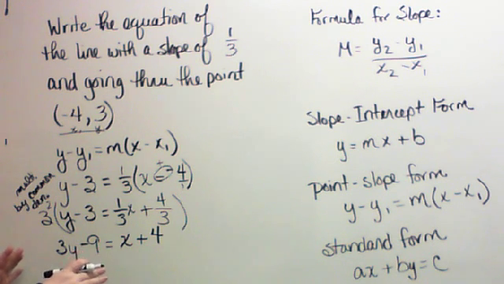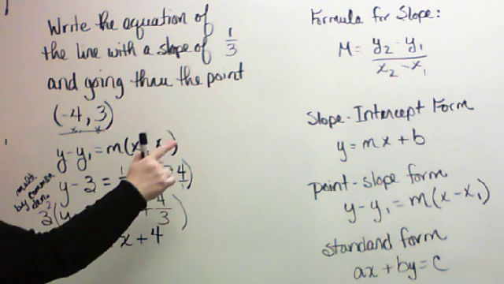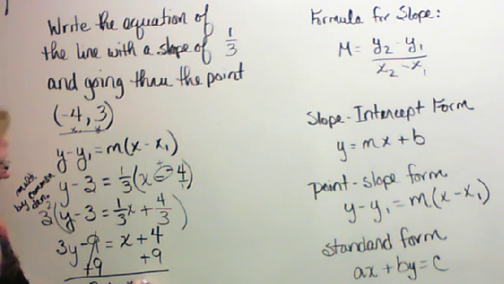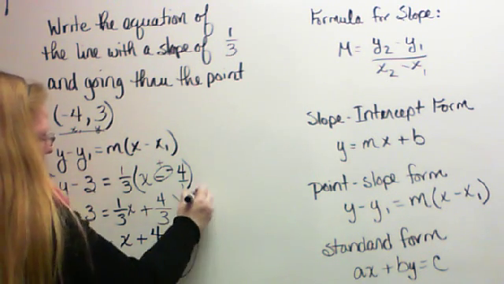Now I need to go ahead and move stuff. So I'm trying to get the y by itself because they still want it in slope-intercept form. So I'm going to add 9 to both sides. That gives me 3y equals x plus 13. Well, that is not in slope-intercept form because I don't have my y by itself yet.